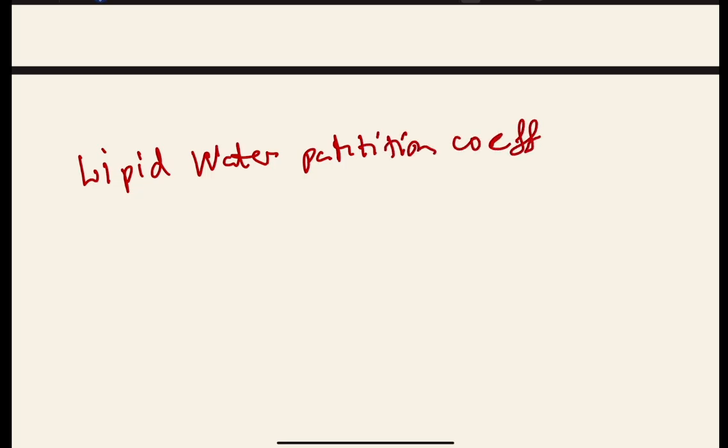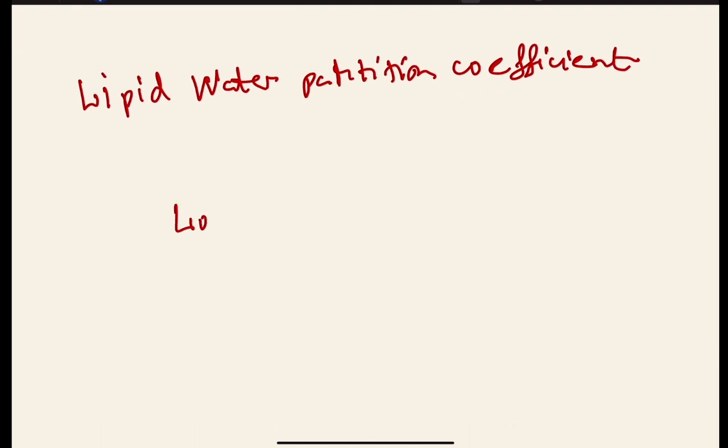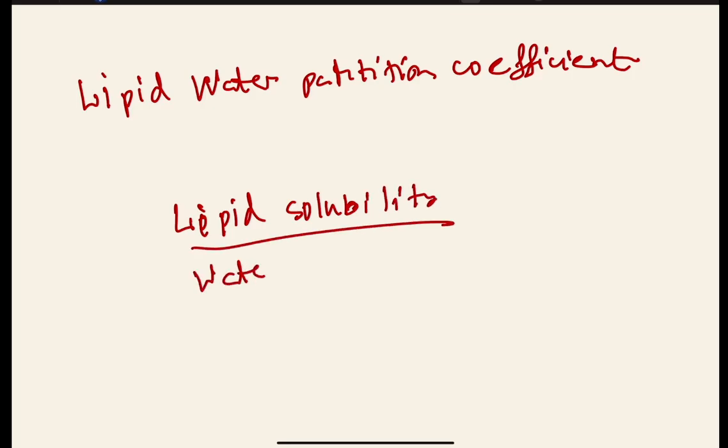so this has another name called the lipid water partition coefficient. So what is the lipid water partition coefficient? Simply, the lipid solubility of the drug divided by the water solubility of the drug, the ratio, will be the lipid water partition coefficient.